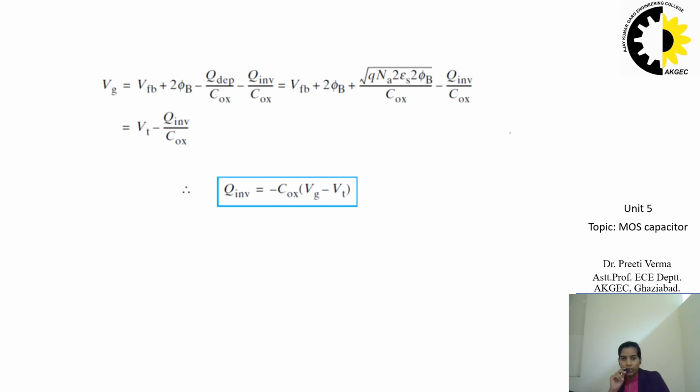So we can write Q inversion as minus COX times Vg minus Vt. So this equation confirms that the MOS capacitor in strong inversion behaves like a capacitor except for the voltage offset of Vt. At Vg equal to Vt, Q inversion is equal to 0.